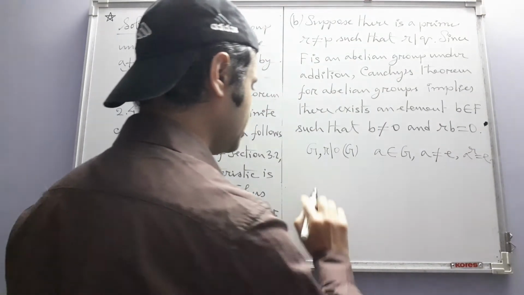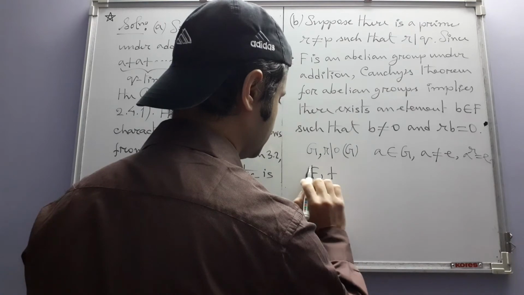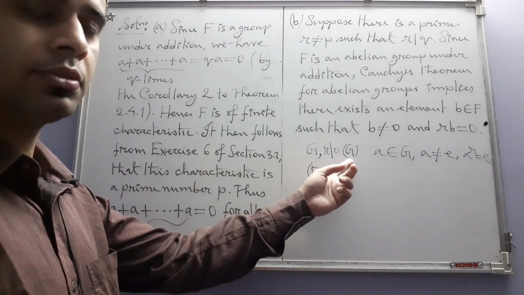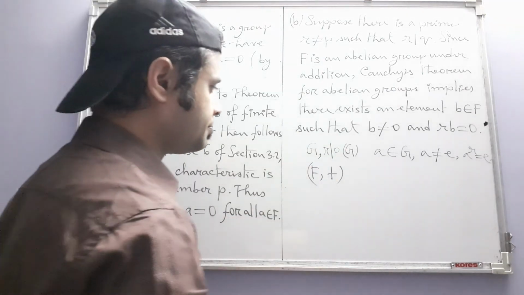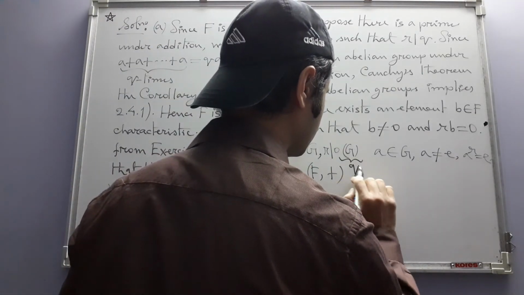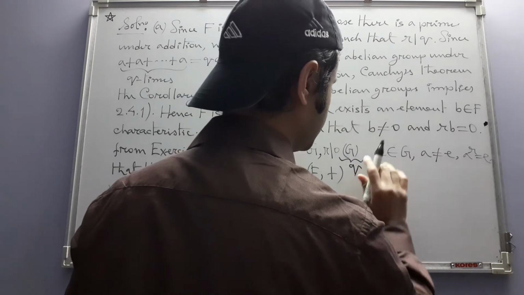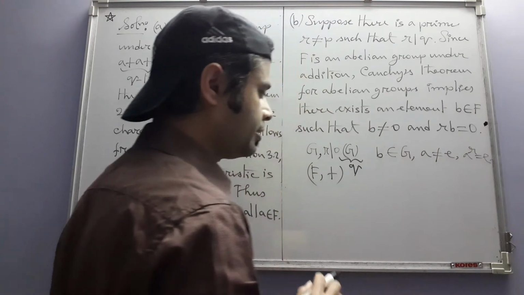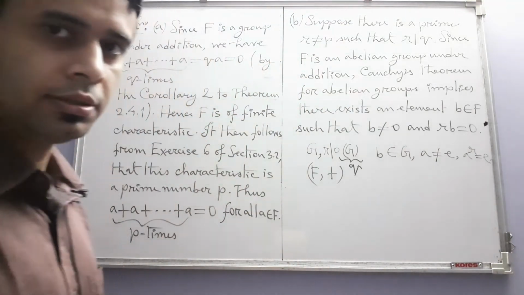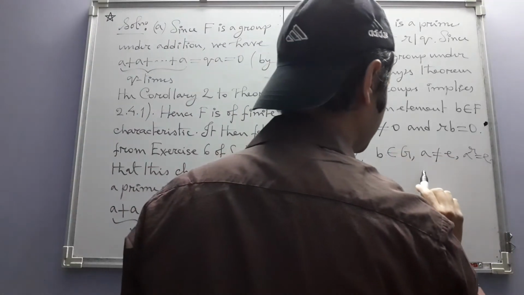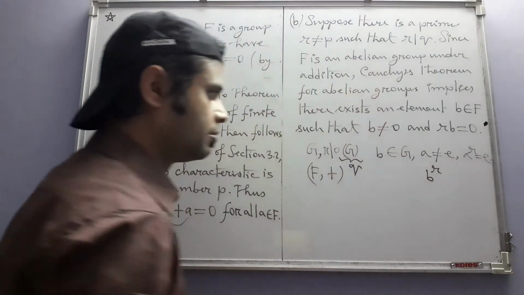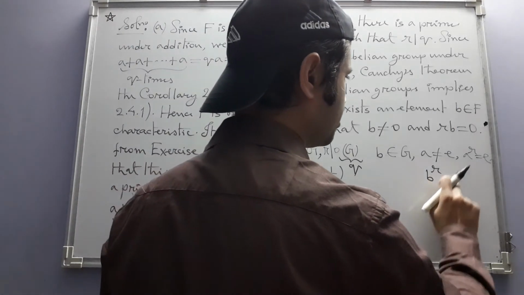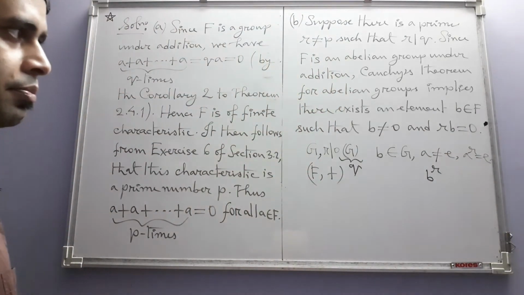In place of G we now have this abelian group, and in place of order of G we have Q. So in place of A we have chosen B. B not being identity in this group means B not being 0, and RB means B to the power R, written in additive notation. So RB must be equal to identity which is 0.